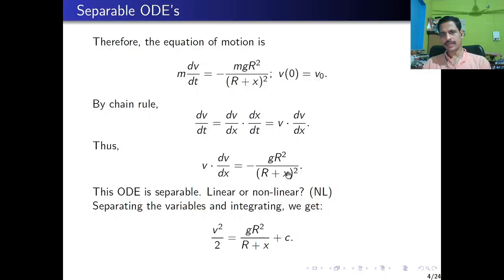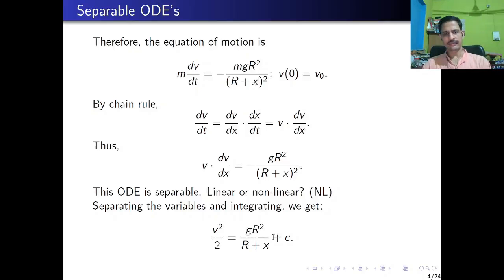When you integrate, it will be r plus x raised to minus 1, and this minus sign will go away. So minus r plus x raised to minus 1 means that r plus x is in the denominator, and there will be an integration constant. So clearly this is what you obtain after integrating the separable ODE.